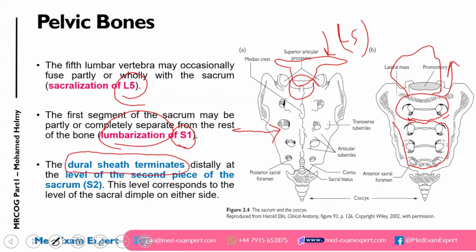This is the end of the dural sheath which covers the spinal cord at the level of S2. And this is a very important SBA question in anatomy, okay? One of the landmarks that you should know or remember is that at the level of S2 is the termination of the dural sheath covering the spinal cord.